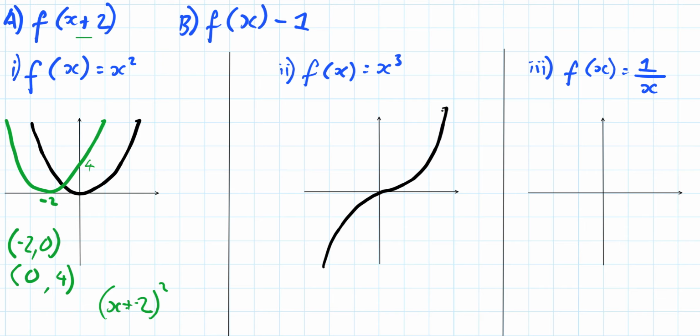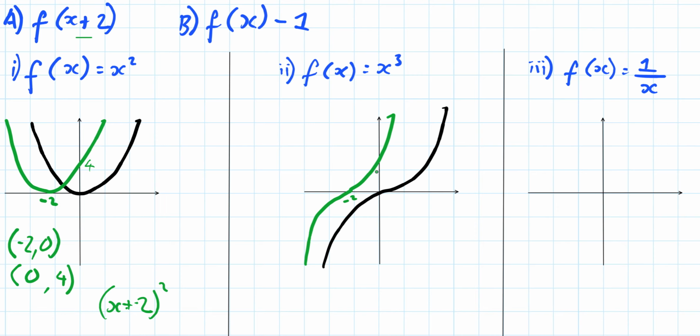Again, everything's going to shift by minus 2 on the x coordinates. So I'm going to shift it, and it will look like this. Okay, so here is going to be minus 2.